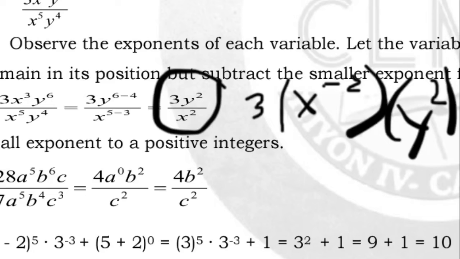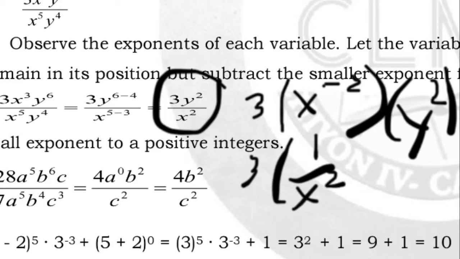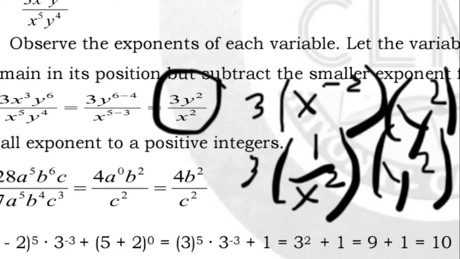Then x to the power of negative 2, this is equivalent to 1 over x squared. So we're going to have 3 times 1 over x squared times y squared. Multiplying that, 3 times 1 times y squared is 3y squared, the numerator. Then over the denominator, x squared. So the same answer.